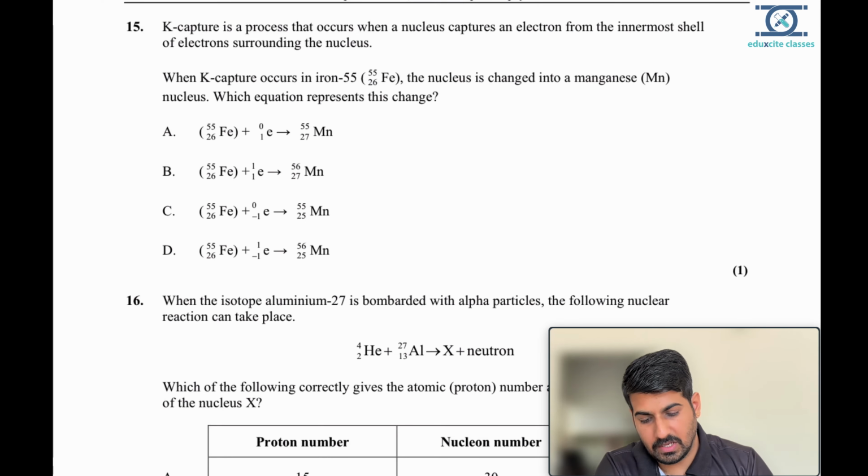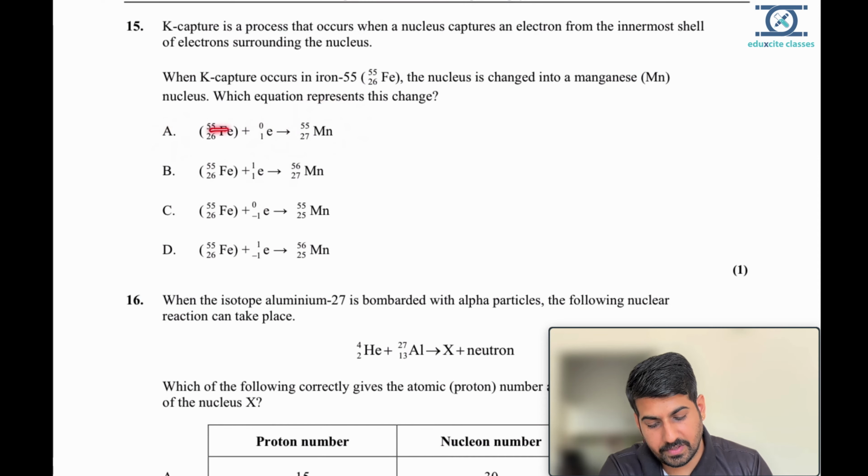Now again you can just check. Now look here. This is 26, this is plus 1, this is 27. Okay, so this is a process which satisfy on the right hand side as well as on left hand side. This also satisfy, but you can see here this is 55, this is 0, this is 55.